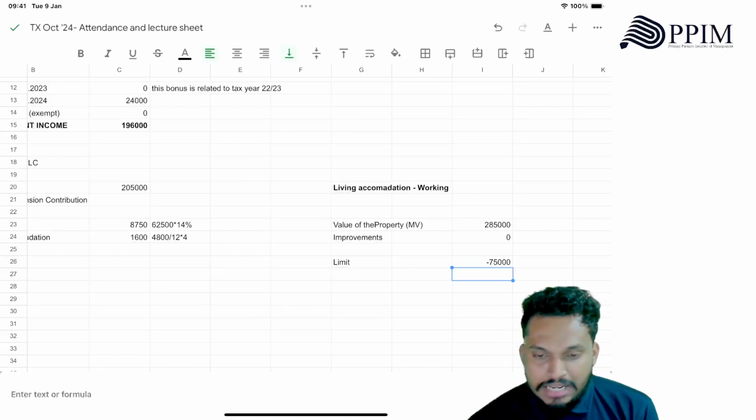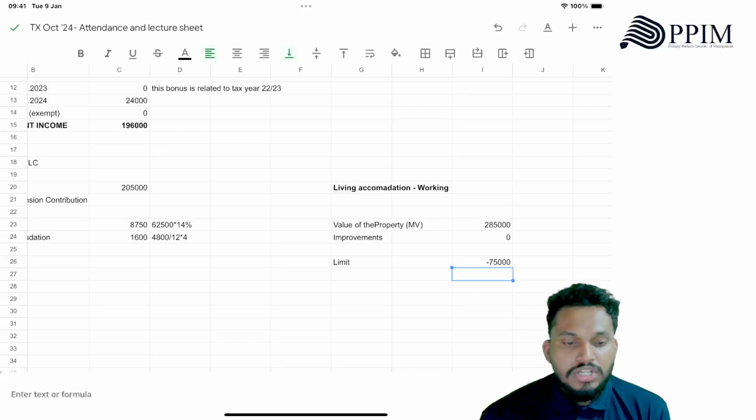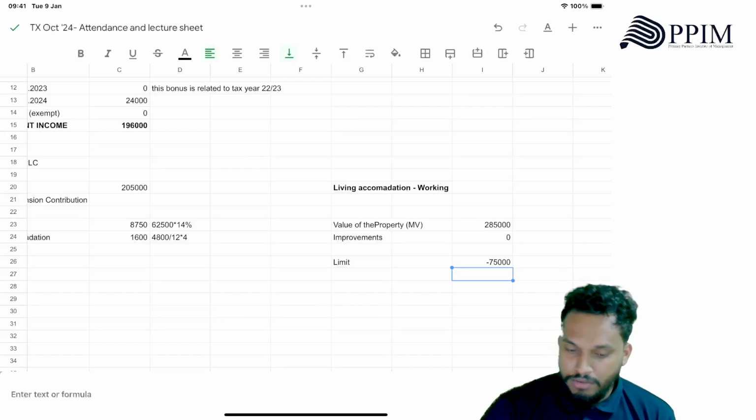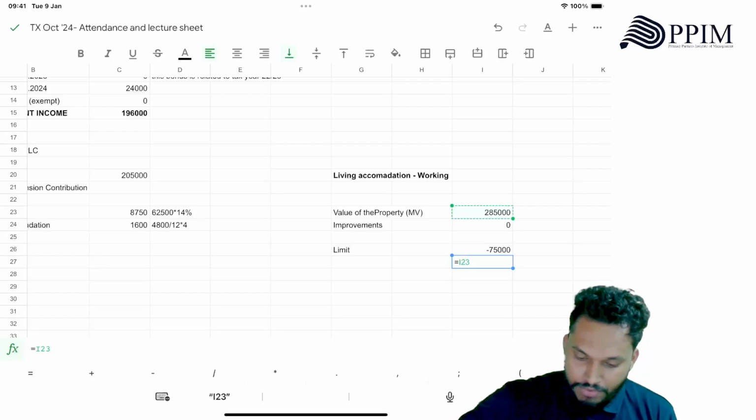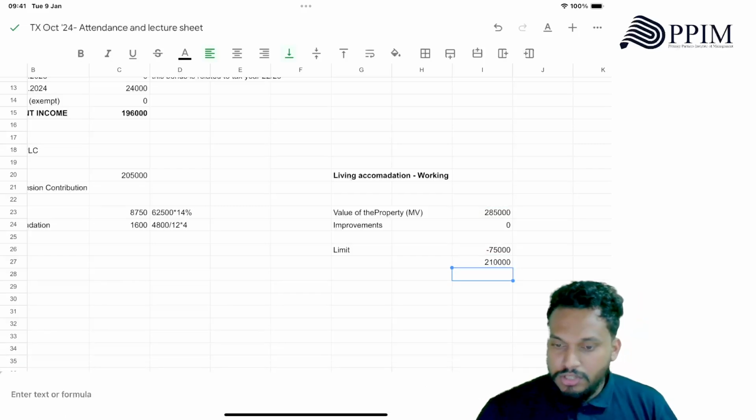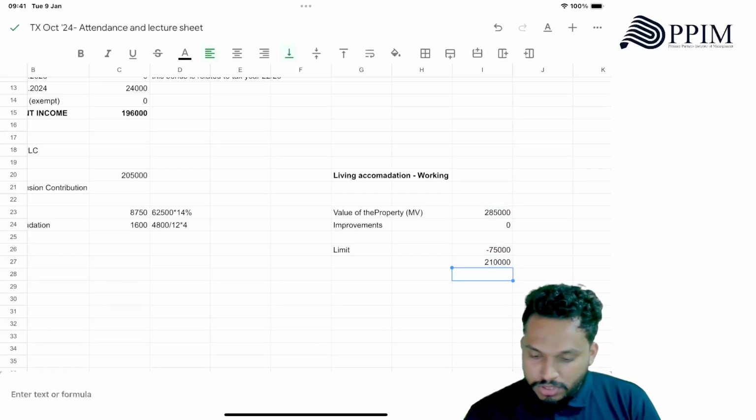So the additional benefit that needs to be charged, the total value of the additional benefit that needs to be charged is 285 plus this plus this is 210,000.